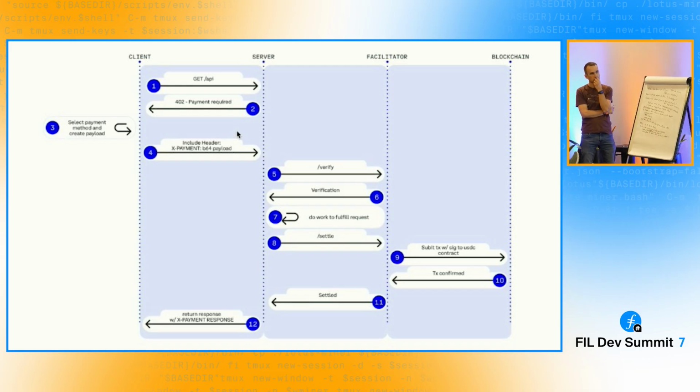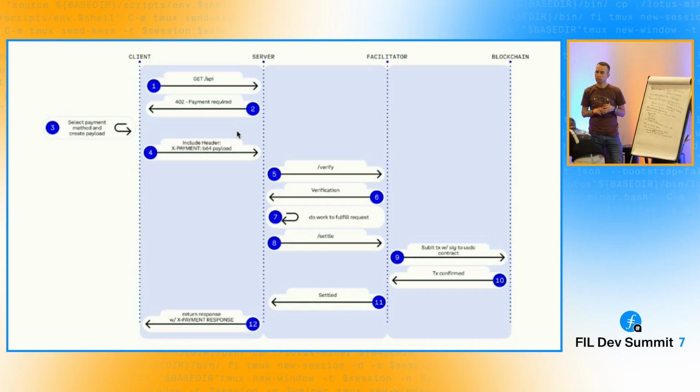So maybe instead of trying to use it for retrieval payments, could you try using it for something very simple, like maybe x402 connecting to Decipher that just transfers your USDC in Base to USDFC on Filecoin using x402. And maybe that still is a little bit complicated, but at least you're operating in an environment in Base where, with x402, you get to lean on all of Coinbase's existing support.